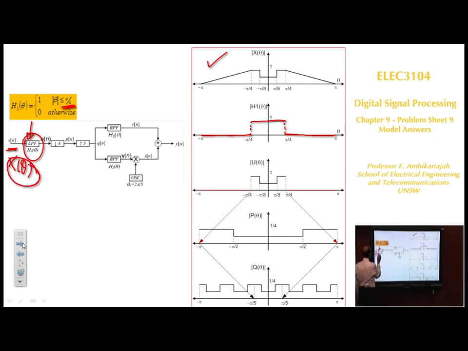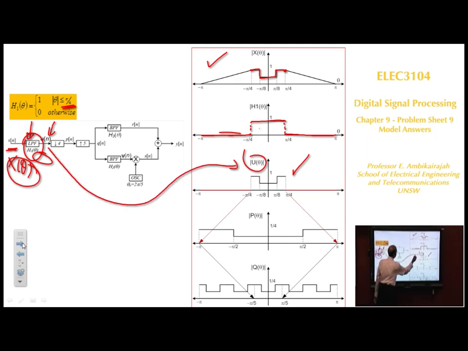So this spectrum multiplied by the low pass filter spectrum will give you the spectrum at there, which we call U theta. If you multiply this, the rest is all zeros, so you will only be keeping that part. That's the only one that comes through. So that's U theta.